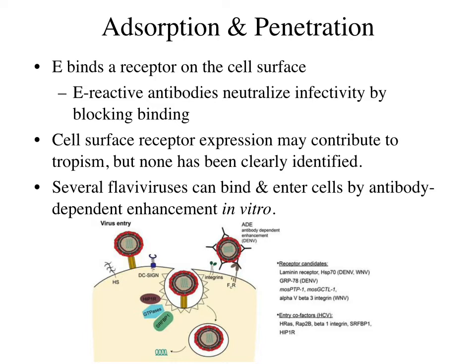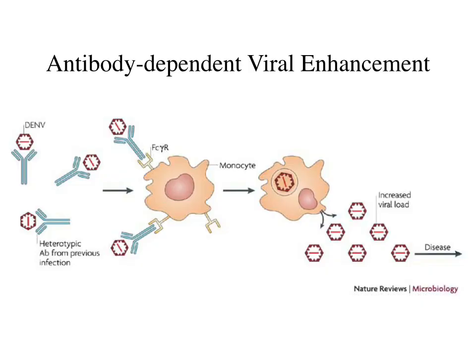In addition, we find that there are a number of flaviviruses that can enter through a process called antibody-dependent enhancement. And with antibody-dependent viral enhancement, what we see is a situation where a non-neutralizing antibody can bind with the virus, opsonize it or decorate it.